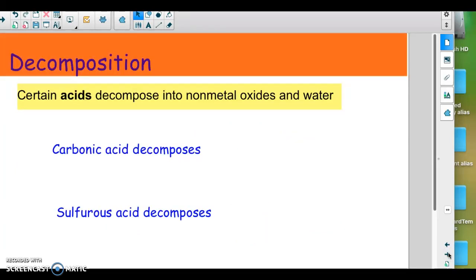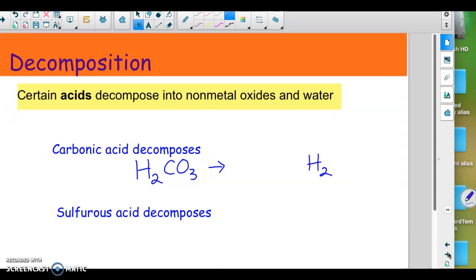Some more decomposition reactions. Acids will decompose into nonmetal oxides and water. So carbonic acid, it came from carbonate. So the formula would be H2CO3 because carbonate is -2. It decomposes into a nonmetal oxide and water. So water.